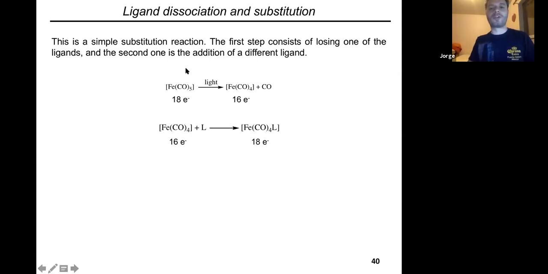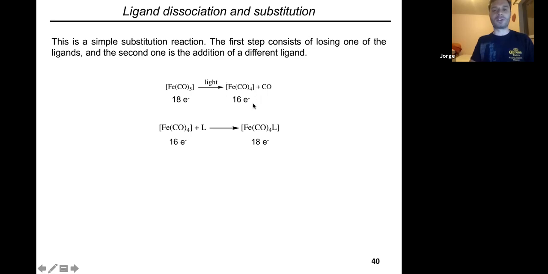Okay, so for now, pentacarbonyl iron 0 is an 18 electron species, so it is a stable compound. However, in the presence of light in the UV range, one of the bonds between carbonyl and iron is broken. So there is a loss of one carbonyl ligand.